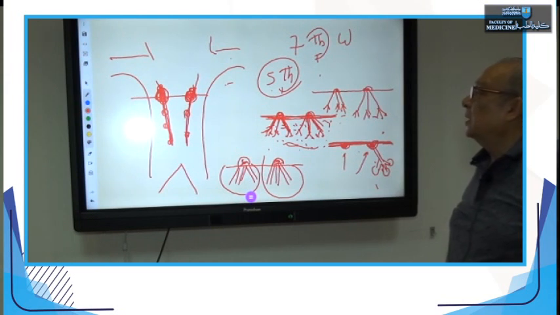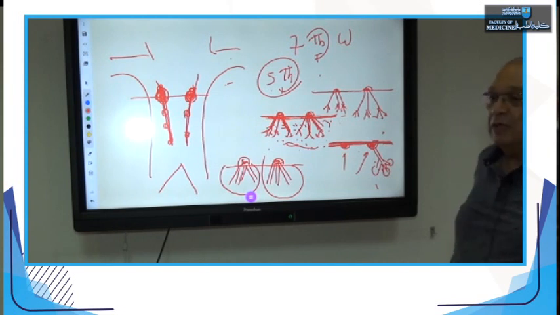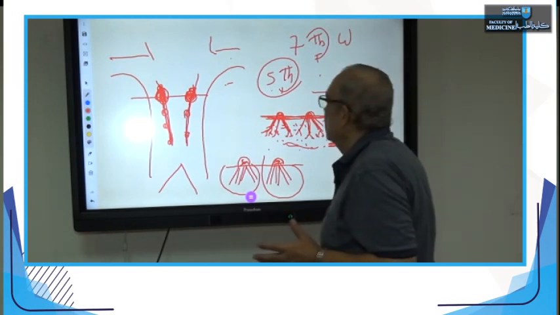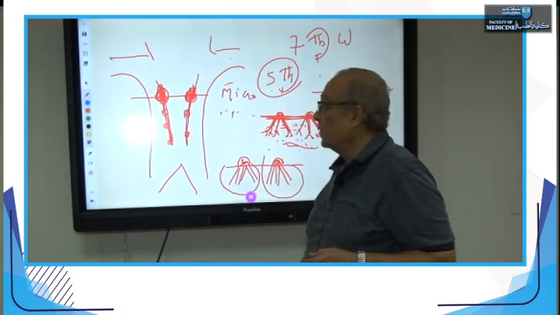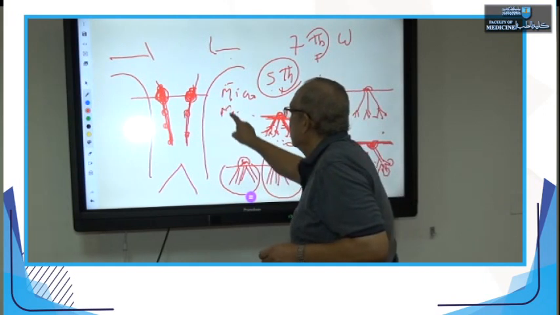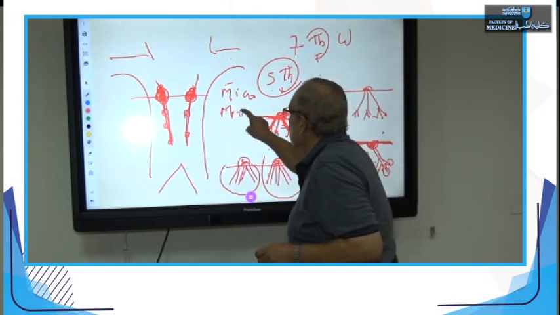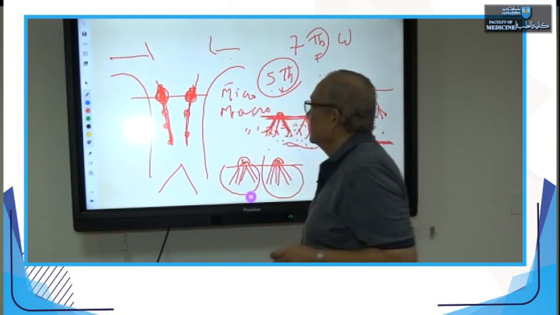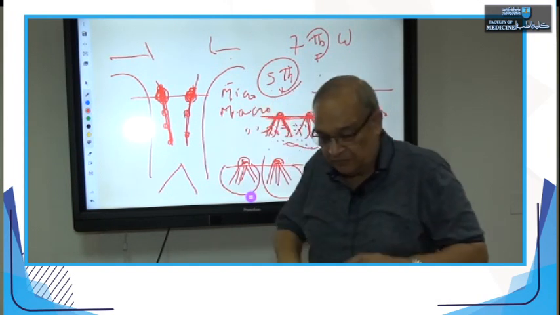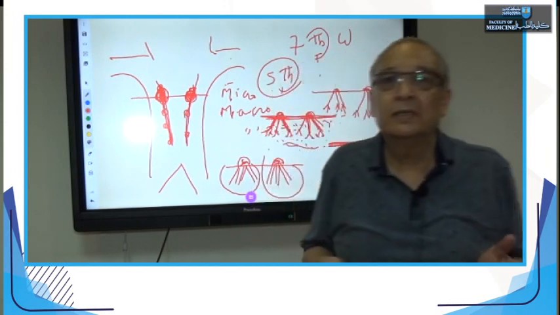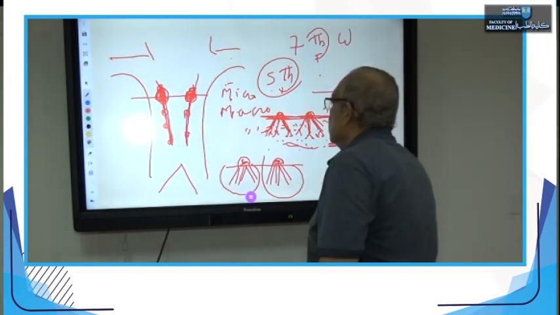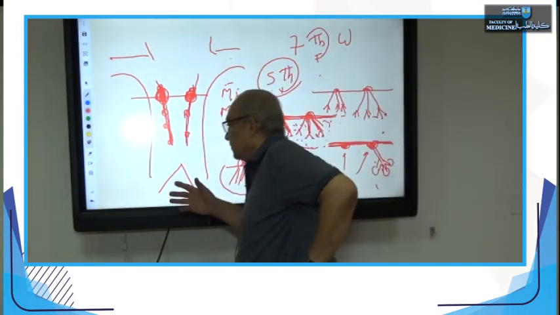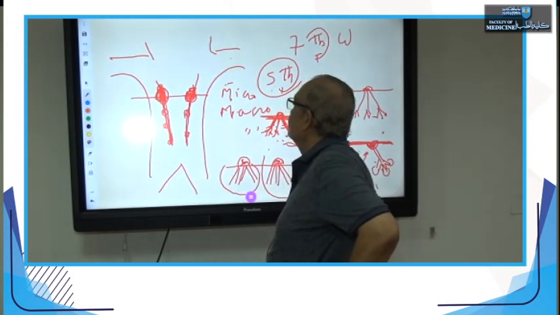Now, are there other anomalies? Yes, there are other anomalies. The breast may be smaller than normal. This will be called micromastia, micro. Or it may be larger than normal, which is macromastia. This happens if the female is fatty, for example, or if the glandular tissue is well developed, and if there are some hormonal disturbances.